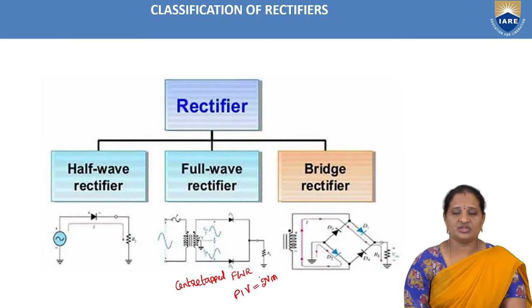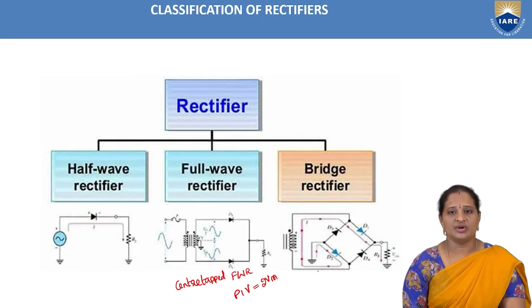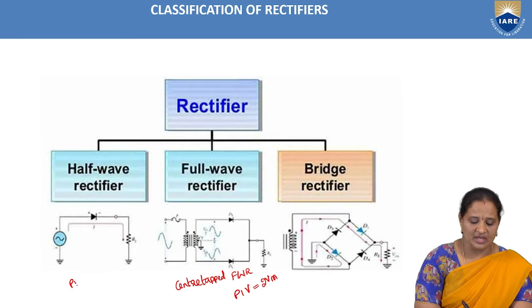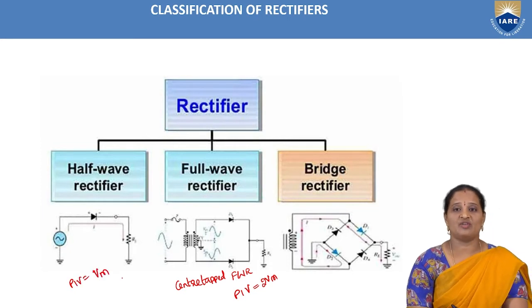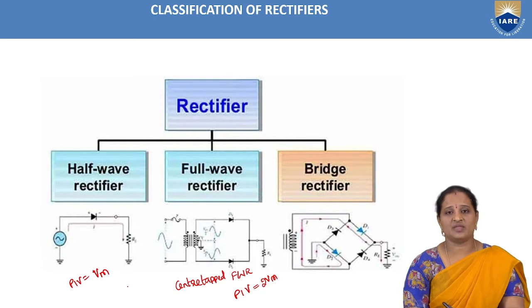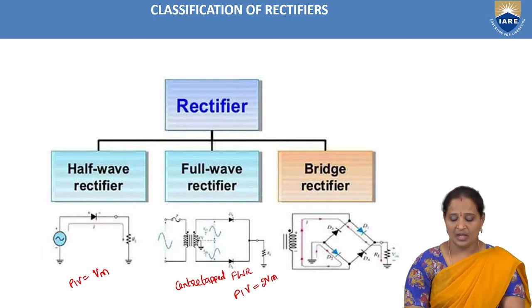But the major drawback is that the peak inverse voltage rating of the diode is high, equal to 2 VM, whereas for the half-wave rectifier it is VM, where VM is the maximum voltage of the AC supply at the secondary winding of the transformer.